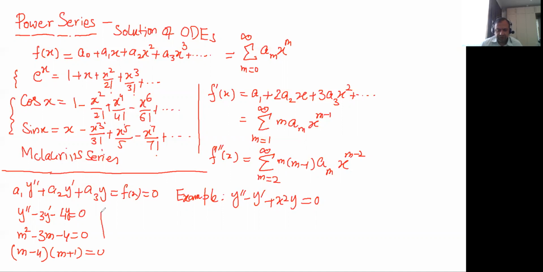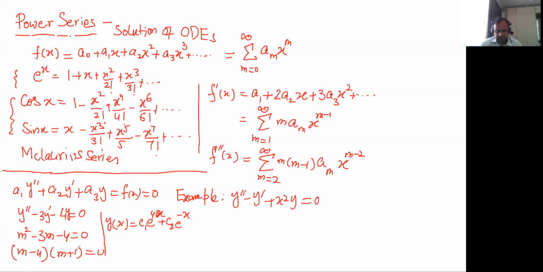So its solution will be y of x is equal to c1 e power 4x plus c2 e power minus x.